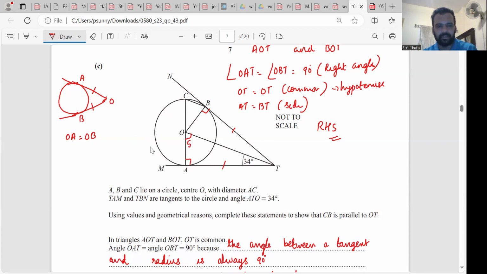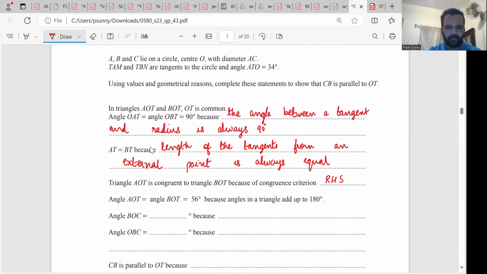So this is 56 and angle BOT is also 56, because corresponding angles in congruent triangles are always equal. Now, what is the next question here?